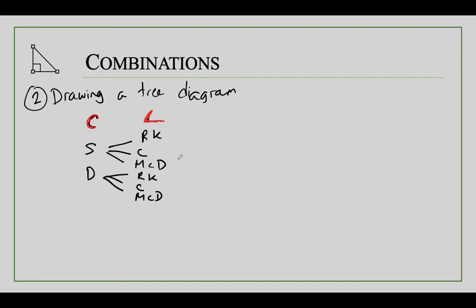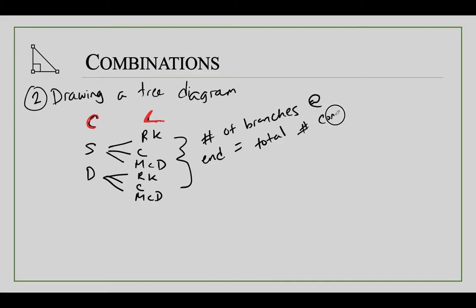And then however many branches you're left with, the number of branches at the end equals your total number of combos. So that's how I get, again, 6 combos.